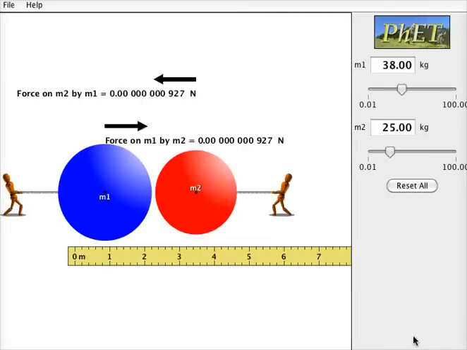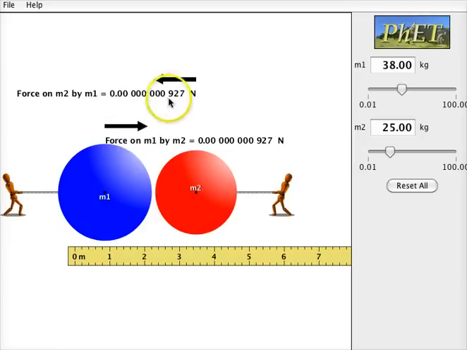Now, it's not only big objects that have a gravitational pull, a gravitational force on small objects. This applet shows the gravitational force acting between much smaller masses. So in this picture here, we have a mass of 38 kilograms and a mass of 25 kilograms. These black arrows show the gravitational forces attracting these two objects together.